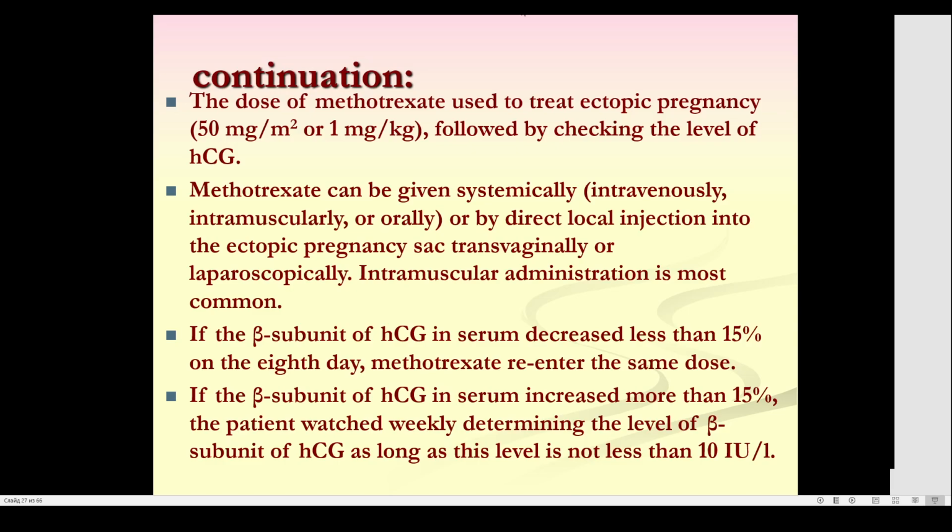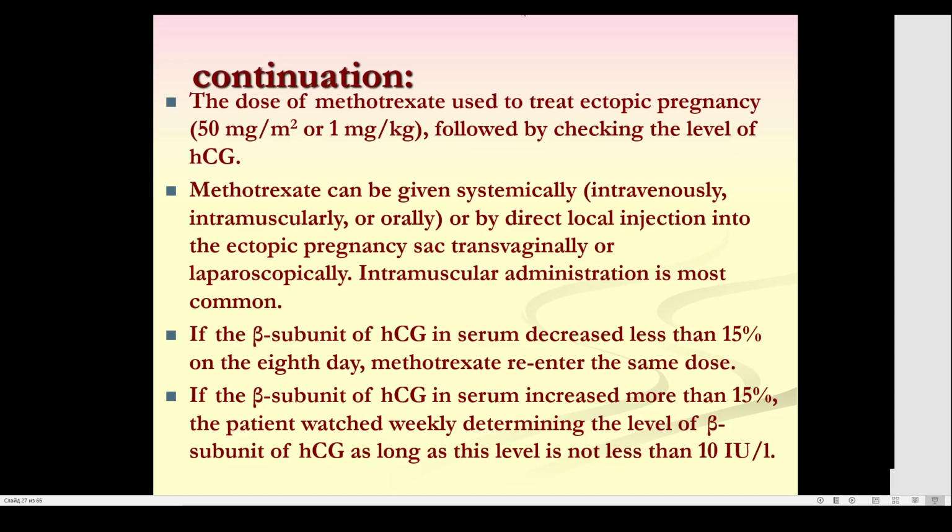The dose of methotrexate used to treat ectopic pregnancy is 50 mg per 1 square meter or 1 mg per kg, followed by checking the level of HCG. Methotrexate can be given systemically.